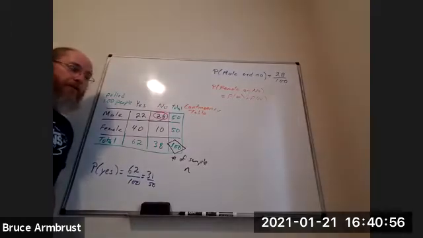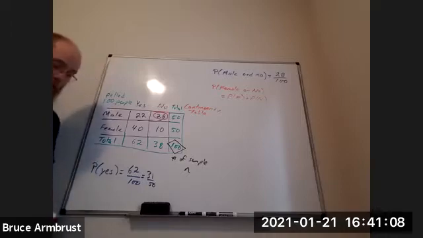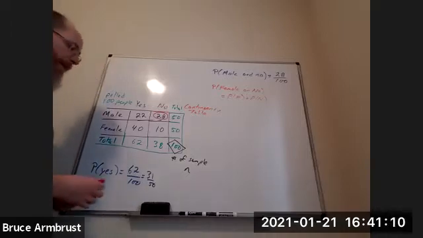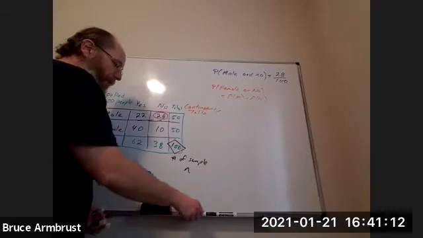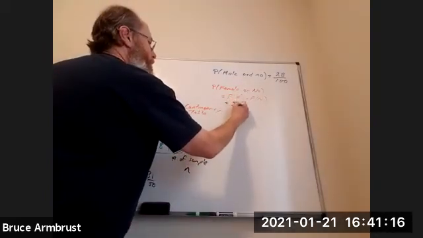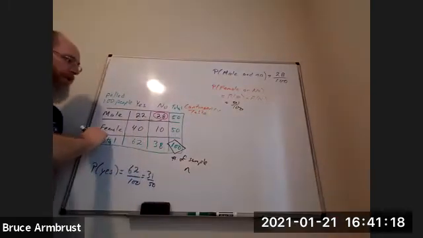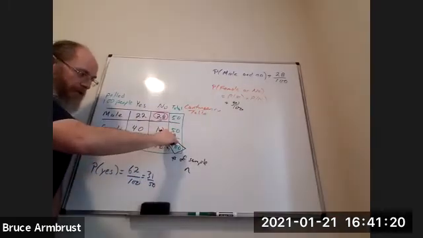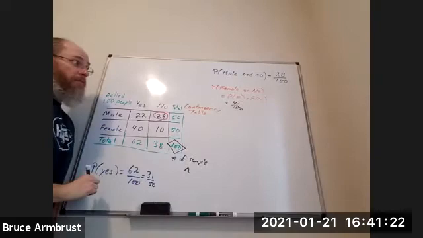That's how many of them are female. To get the probability, we have to do something with that 50. Yeah, good. We got to divide by 100. So the probability that they're female is 50 out of 100. And again, you can just go over to the female total, 50 out of 100.